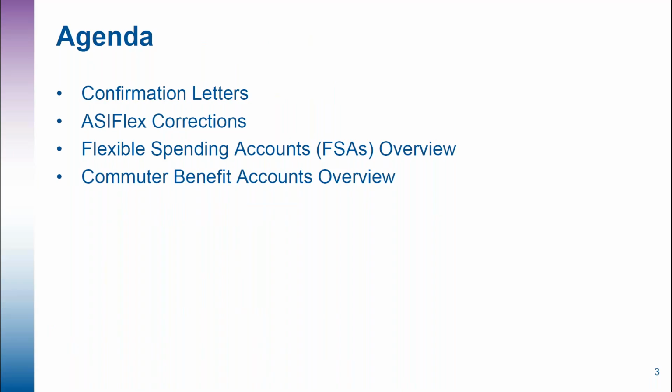We're going to talk about our correction timeline for FSAs. We're going to do a little bit of an overview on flexible spending accounts, and then an overview on the commuter benefit accounts. The last 2 bullet points are going to be very similar to our pre-open enrollment webinar that we did on FSAs.